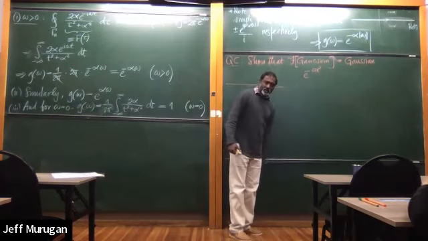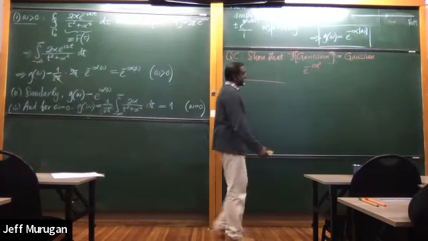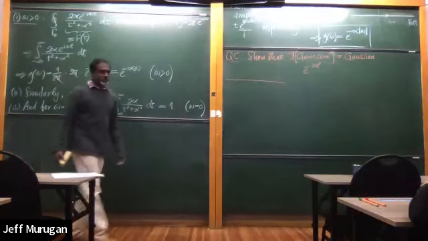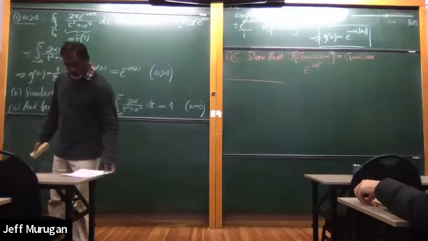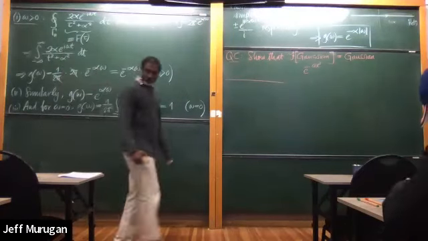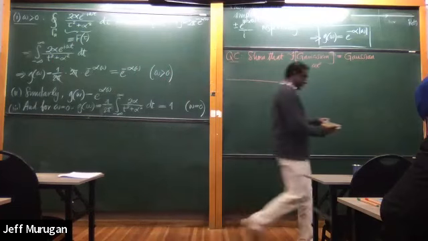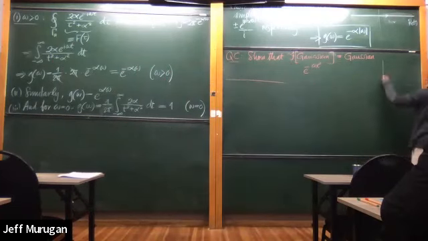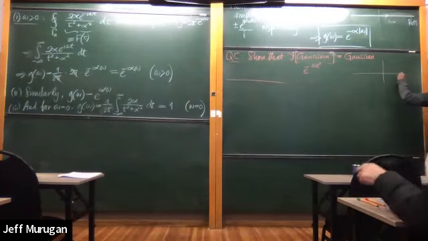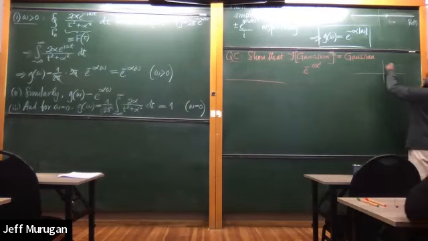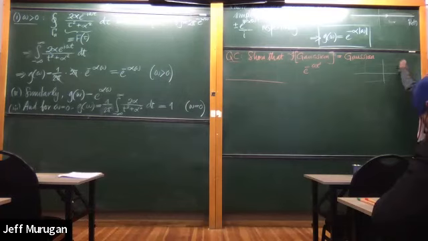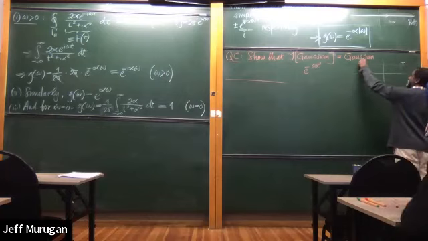The easiest curve to integrate on is a rectangle. Suppose these are points t and minus t.